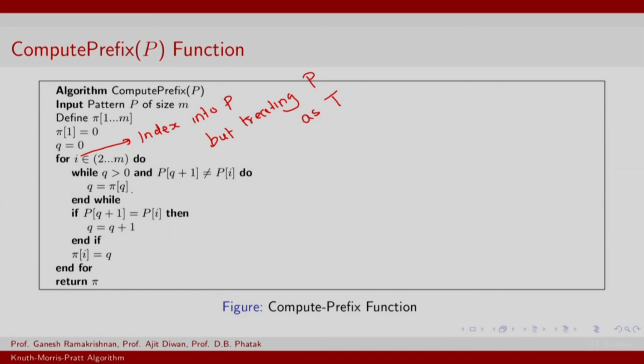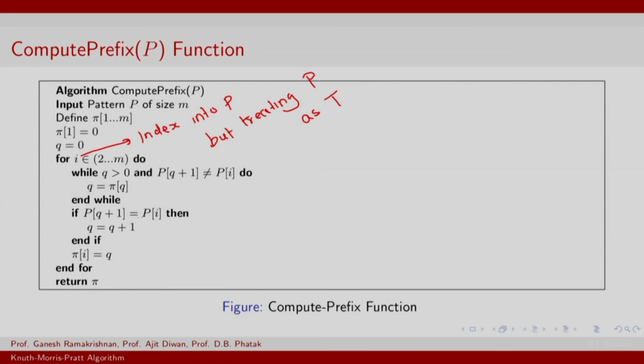And we again have this skip here where you set q equals pi[q], but note that we have set pi of 1 to 0, which we already discussed. We are not incrementing q anywhere here. You are only looking up q for q equals 0 initially.